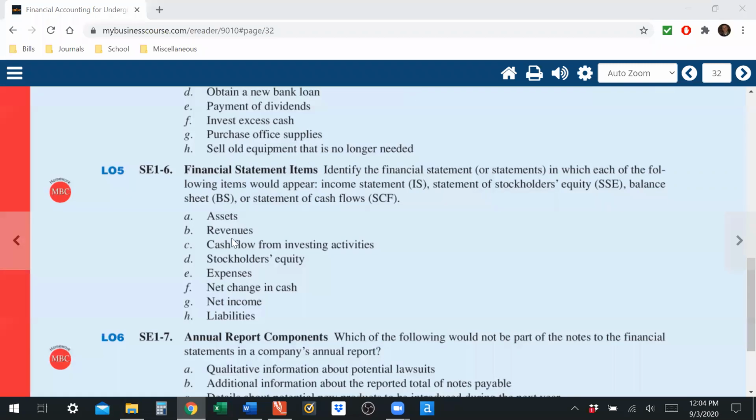How about cash flow from investing activities? Statement of cash flows, right. Anything regarding cash flow is on the statement of cash flows.